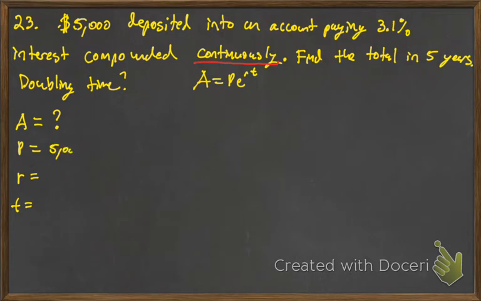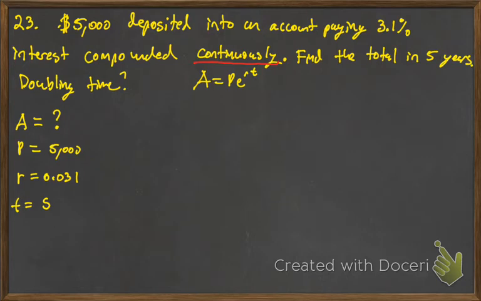We're going to go ahead and extract the information there. So you have two dollar values, that's the amount and the principal. A is sometimes your future value, or sometimes just called the amount. P is your principal or your present value, and oftentimes that's the amount we're going to deposit. So P is 5,000.